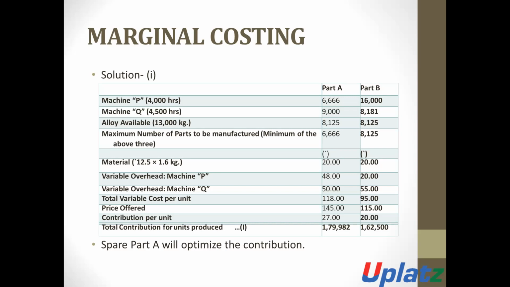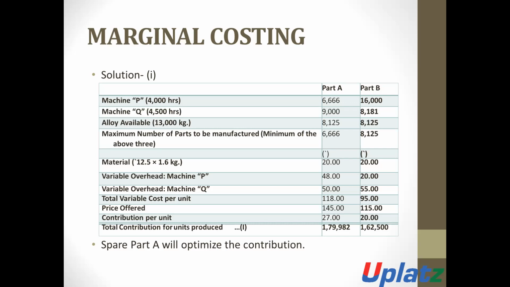Then the maximum number of parts we can manufacture is determined on the basis of all these constraints. In the case of part A, we will produce a maximum of 6,666 units, and in the case of part B, we can produce a maximum of 8,125.